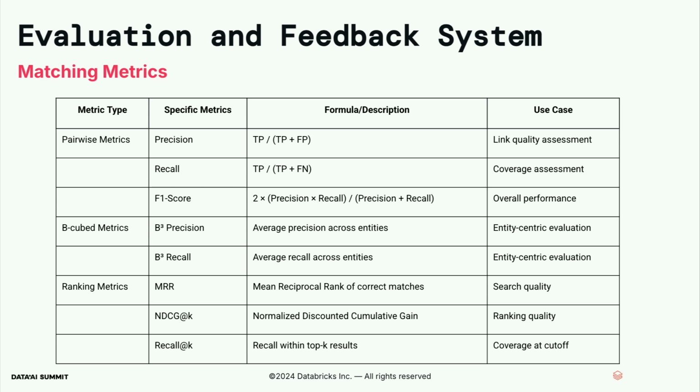And when you get to a more complicated entity resolution with clustering, you can use metrics like the B-cubed metric, which is just aggregated results of the pairwise metrics. And some other ranking metrics similar to MRR are NDCG at K. This is also based on the ranks of the predicted results.